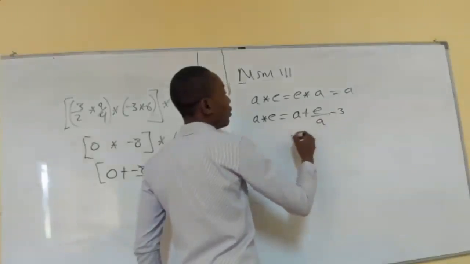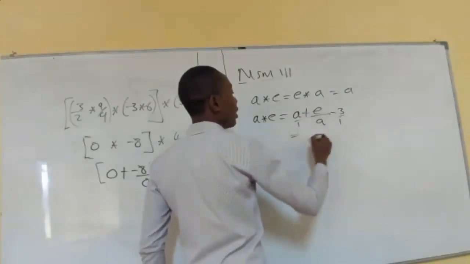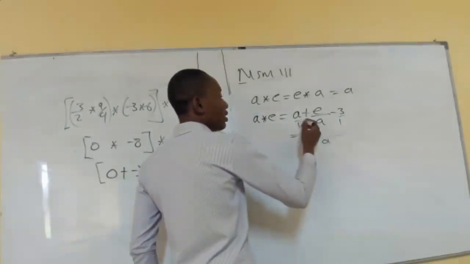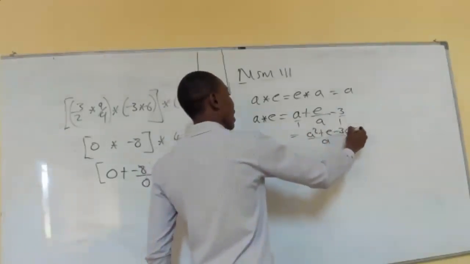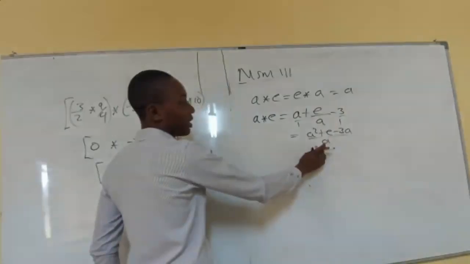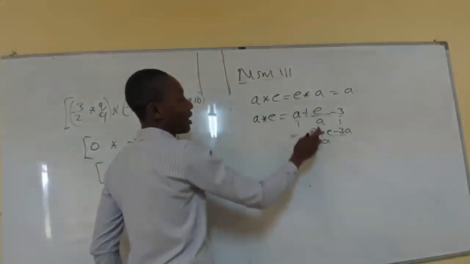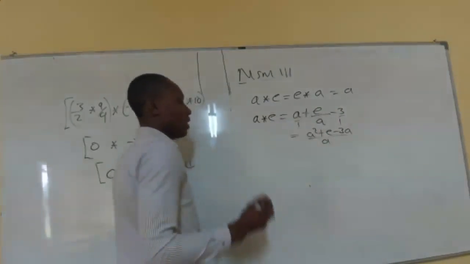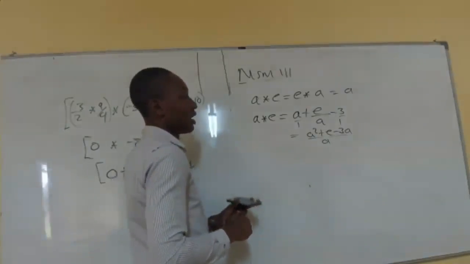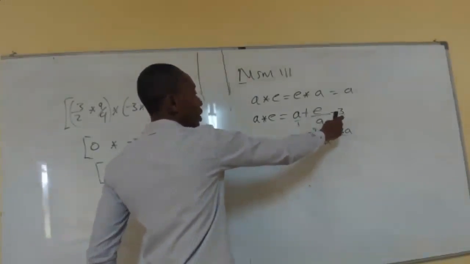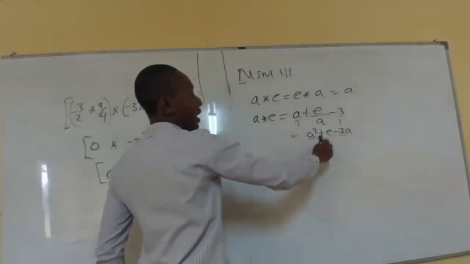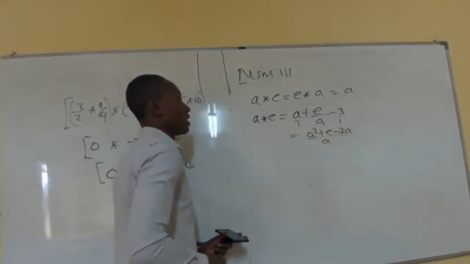If you say A over 1, you have A squared plus E minus 3A, so the common denominator is A. 1 into A is A squared, then A into A is 1 times E is E, then 1 into A is simply A times 3 is negative 3. So that is what we have.